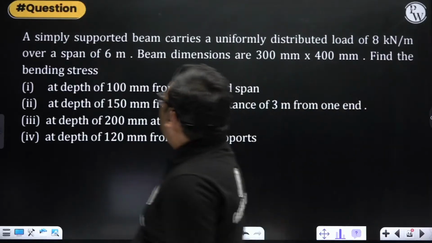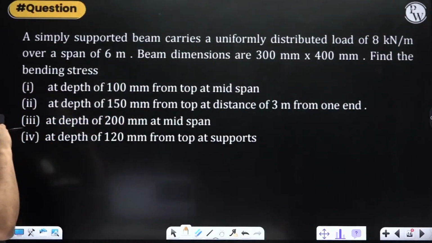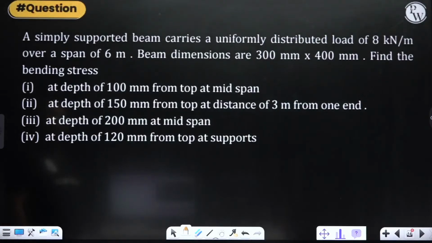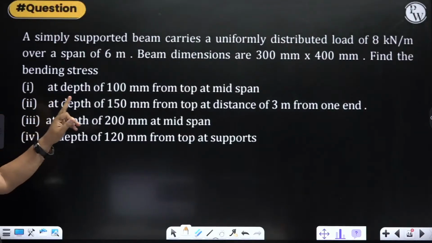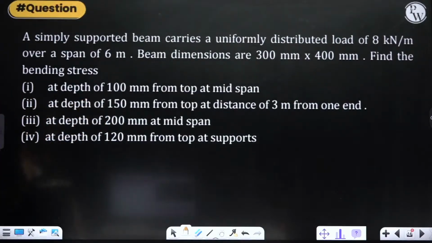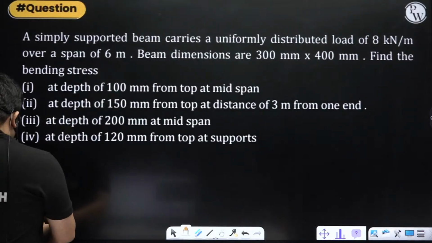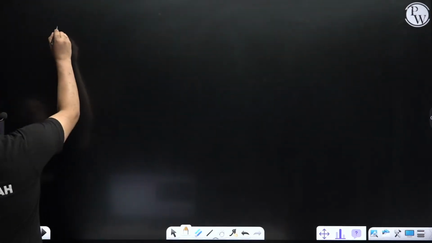A simply supported beam carries a uniformly distributed load of 8 kilonewton per meter over a span of 6 meter. Beam dimensions are 300 into 400 mm. Find the bending stress. I have 4 questions. First question is at a depth of 100 mm from top at the mid span. Let us solve them one by one.